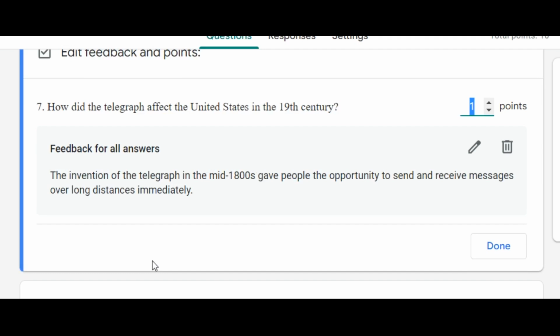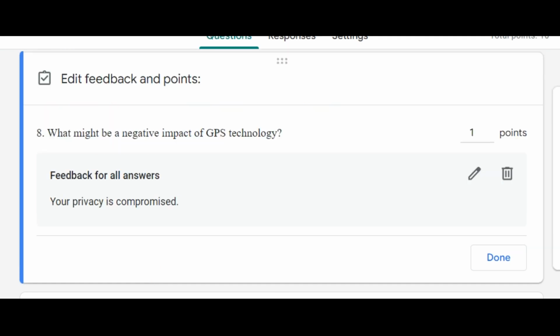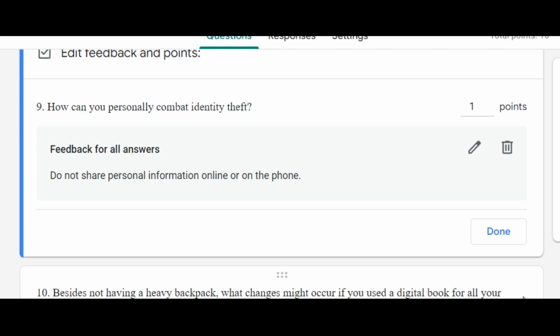Number 7, how did the telegraph affect the United States in the 19th century? The invention of the telegraph in the mid-1800s gave people the opportunity to send and receive messages over long distances immediately. Your privacy is compromised. Number 9, how can you personally combat identity theft?